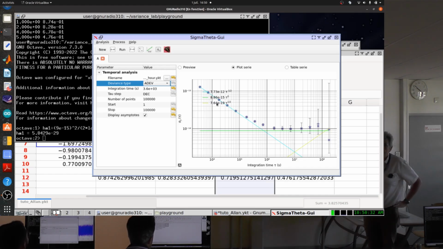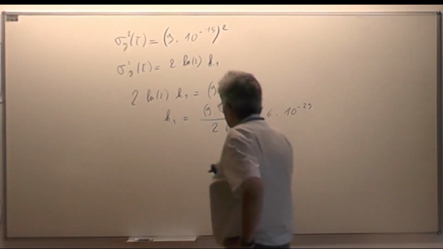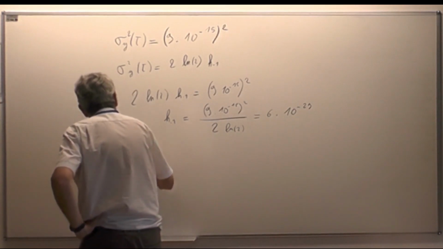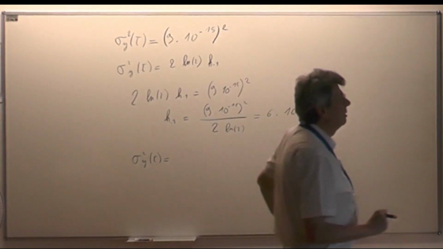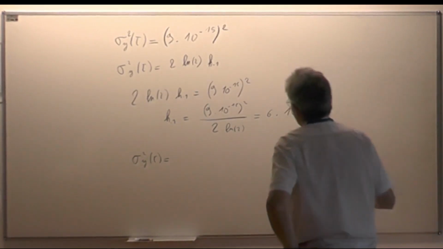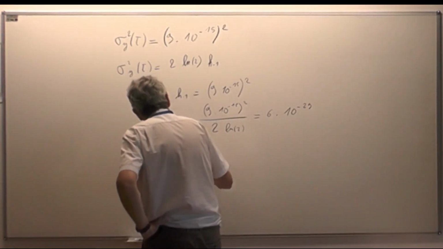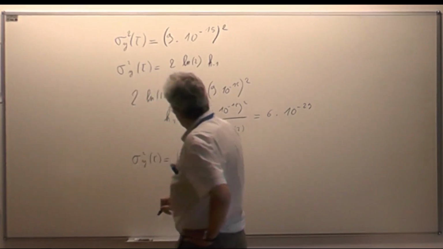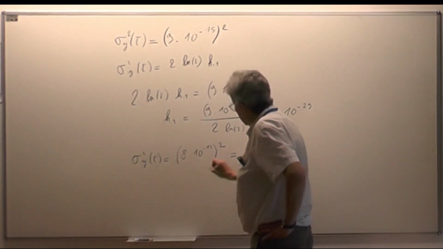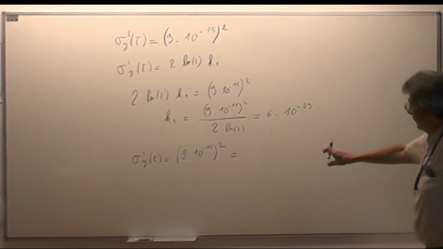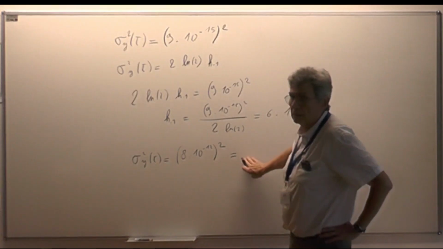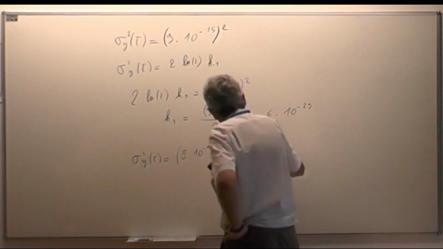What is the corresponding noise level? You know that it's the asymptote of the white frequency noise, so it's H0 over 2 tau.